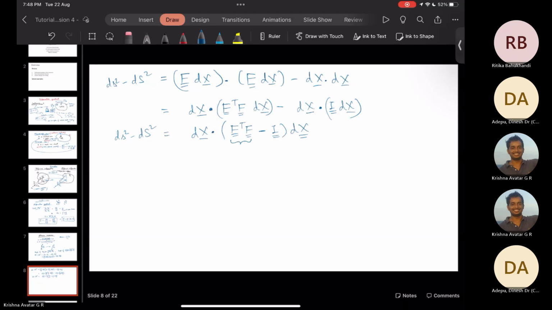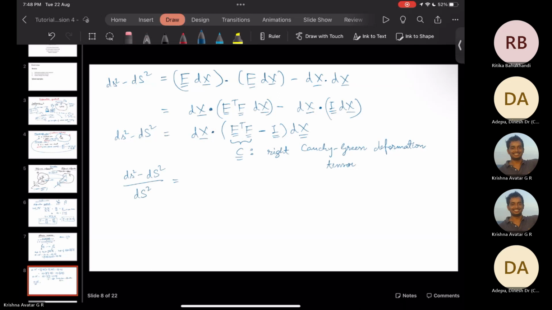This thing here we call C, and this is also known as the right Cauchy-Green deformation tensor. And what we do is we just divide the expression throughout by ds squared.